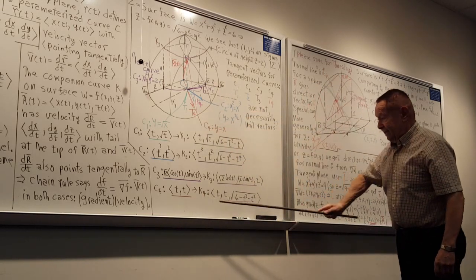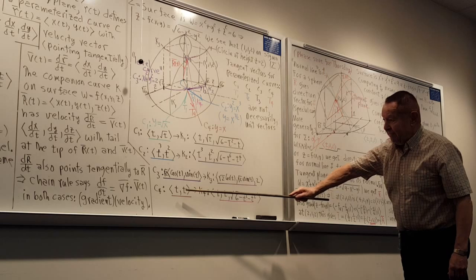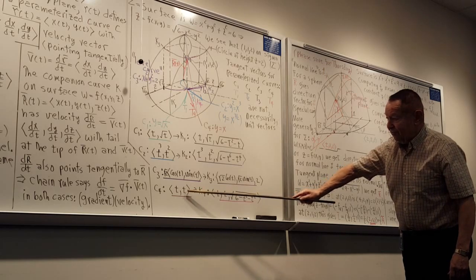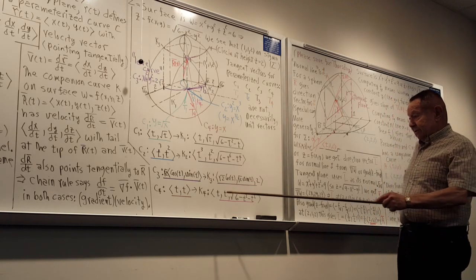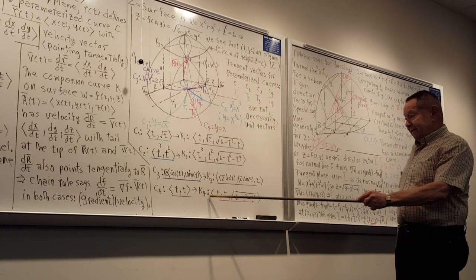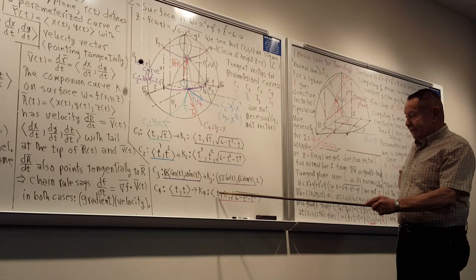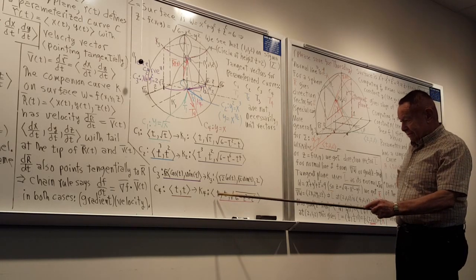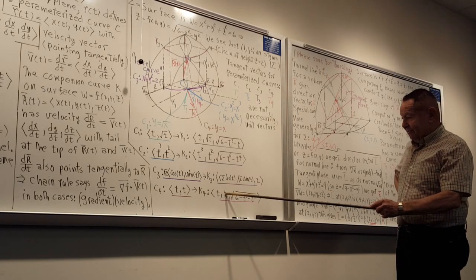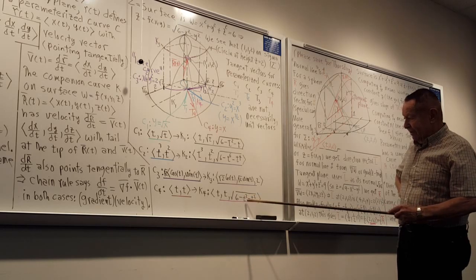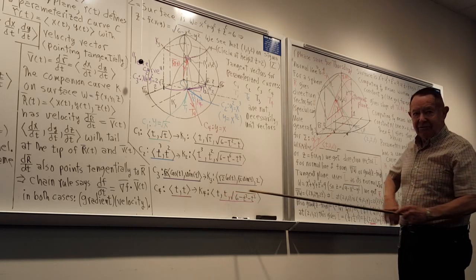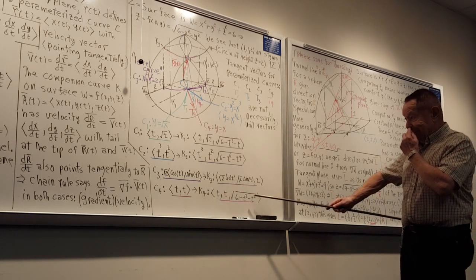And this would be my parameterized curve, y equals x. And so my companion curve then would be the same parameterization for x and y, and then 6 minus the squares of whatever you've called x and y under the square root sign.